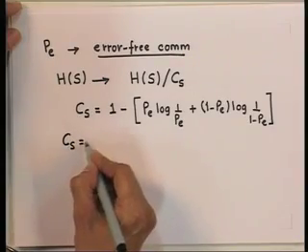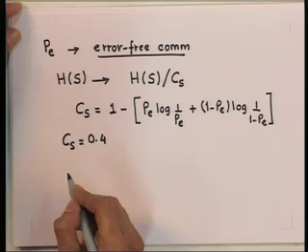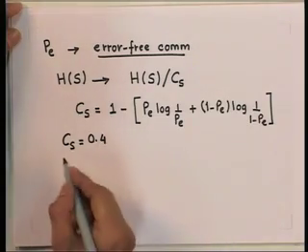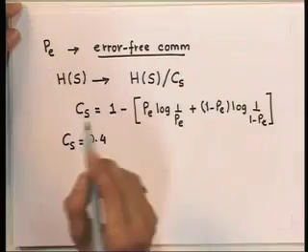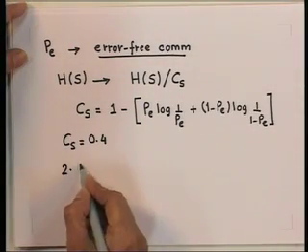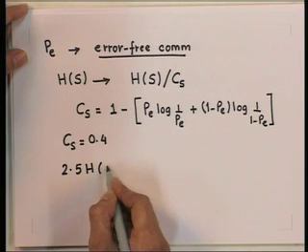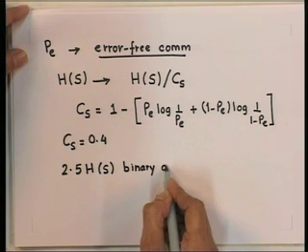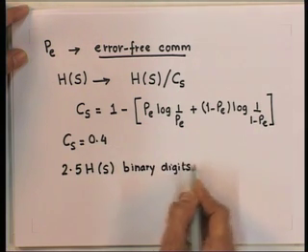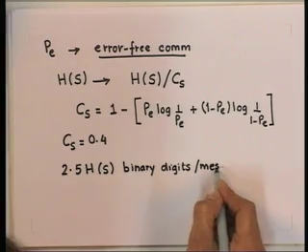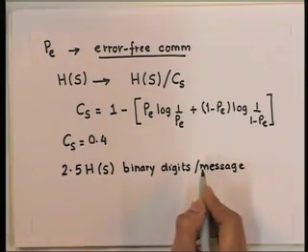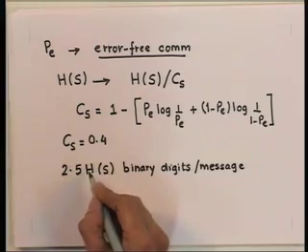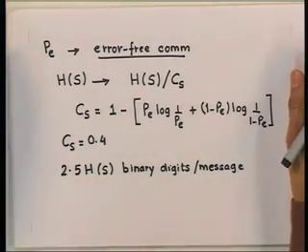So, if a certain binary channel has Cs equal to 0.4, what it implies is that a code that can achieve error-free communication must have at least 2.5 times Hs binary digits per message, which is 2.5 times as many digits as required for coding without redundancy.